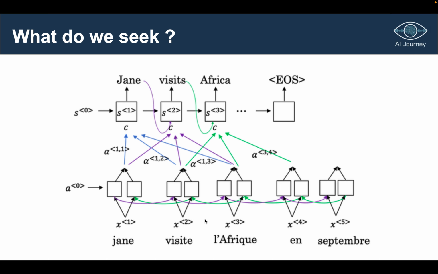So when generating the token Jane, which is based on S1, we try to figure out some coefficients, or parameters, alphas, and those alphas are how much I'm paying attention to input token 1, and how much I'm attending to token 2 when generating the output 1. This is what alpha 1,2 says, and so on and so forth. So I'm scaling the activation for every input token by a parameter alpha, in order to look at some activations, or some tokens, differently than others.